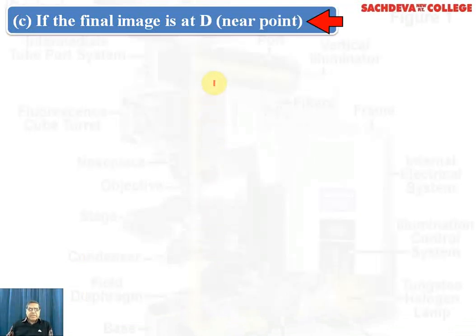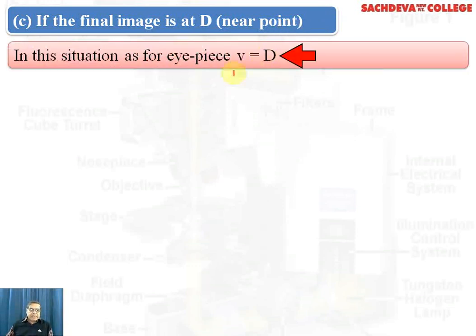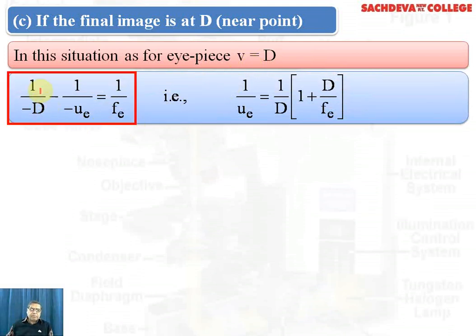Now the next case is, if the final image is at D, that is the near point, that is 25 centimeters from the lens. In this situation, for the eyepiece, v is equal to D. Now when we say v, we are referring to image distance, and D refers to the least distance of distinct vision. 1 over minus d minus 1 over minus ue equals 1 over fe.